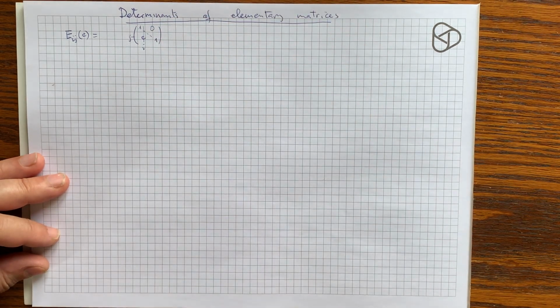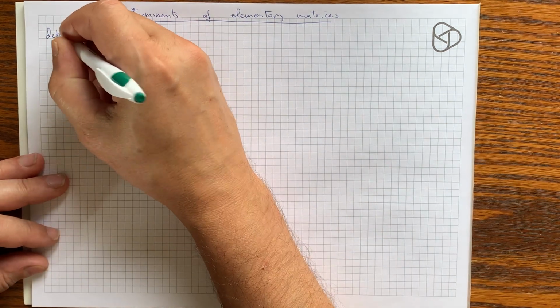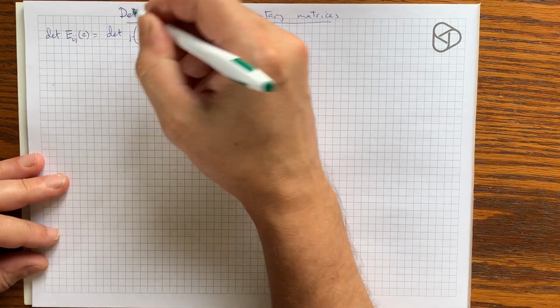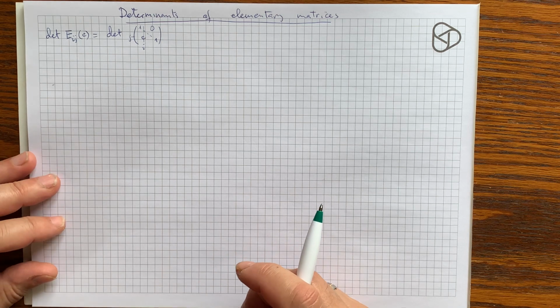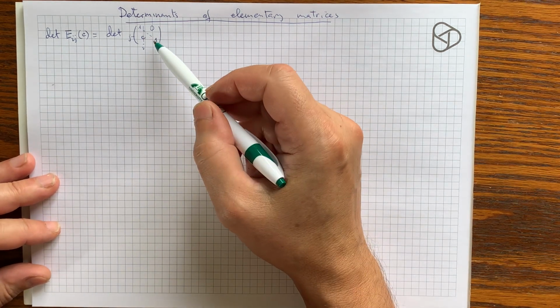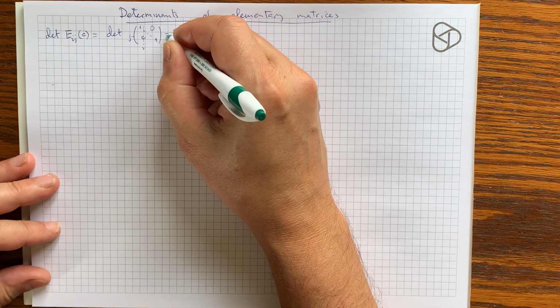The rest is zero. The determinant of such matrix is easy to compute just from the shape of it. It's lower triangular matrix. The determinant is 1.